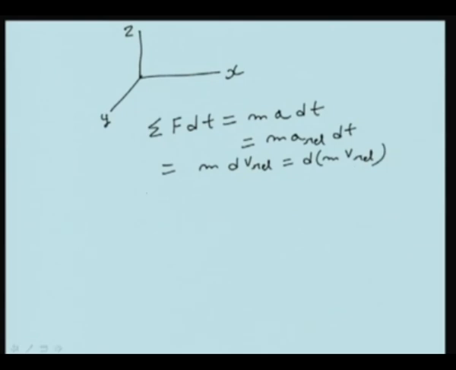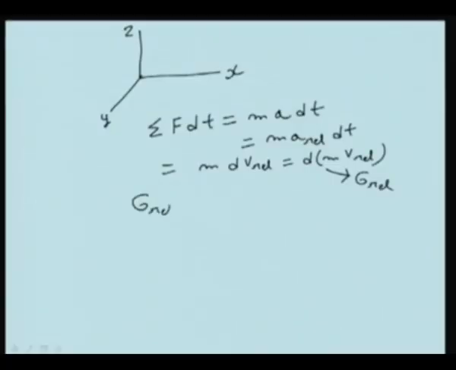Therefore sigma f dt, I can write as G rel, that means linear momentum with reference to another reference frame x, y, z, which is moving with a constant velocity. So G rel is equal to m v rel, or sigma f dt is equal to d G rel, or sigma f is equal to G dot rel.